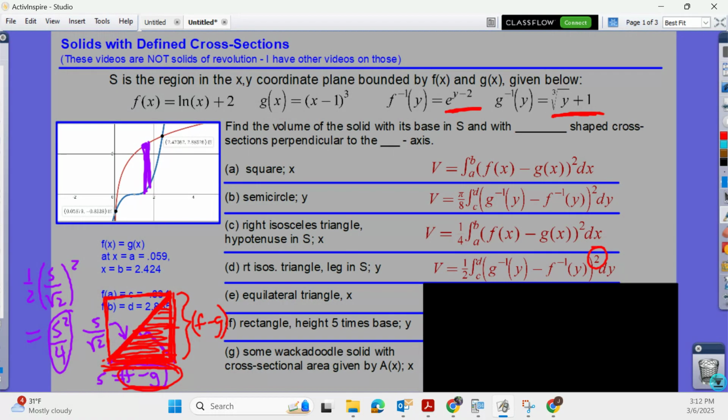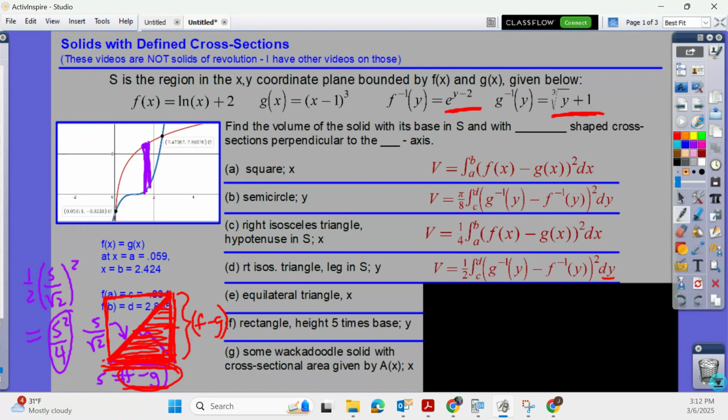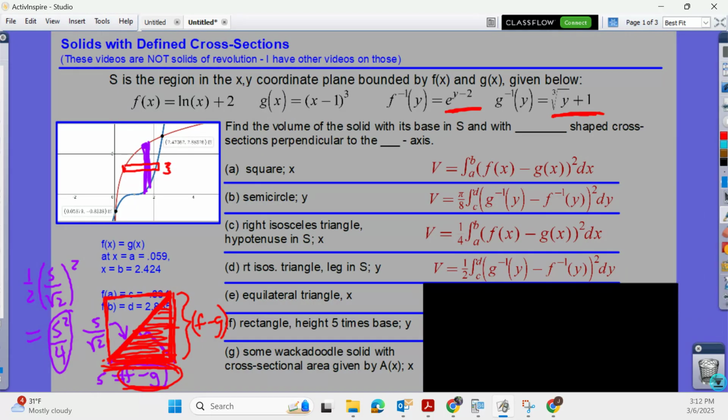And then squared, of course, still. And dy, because again, it's horizontal, perpendicular to the y-axis. And so these rectangles for the ith subinterval have a width dy, a tiny change in y. That's the big idea. Okay?